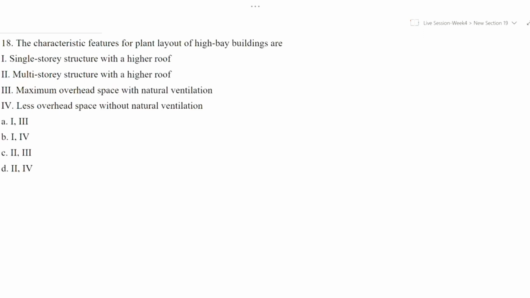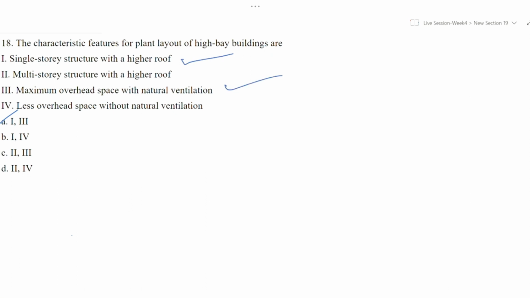Moving on to the next question. The characteristic features of plant layout of a high bay building are single-story structure with a higher roof, multi-story structure with a higher roof, maximum overhead space with natural ventilation, or less overhead space with natural ventilation. The correct option is option 1 and 3. That is single-story structure with a higher roof and maximum overhead space with natural ventilation.